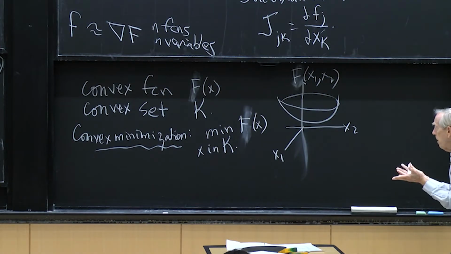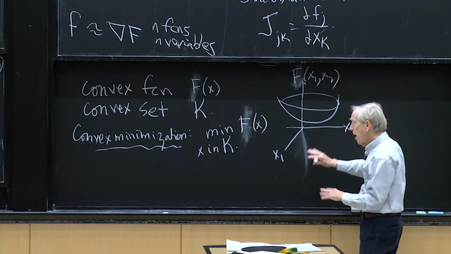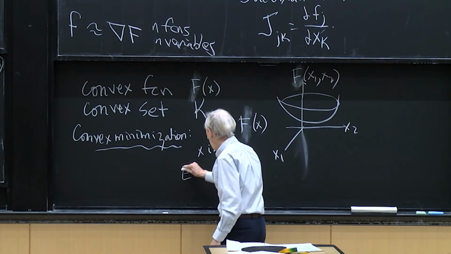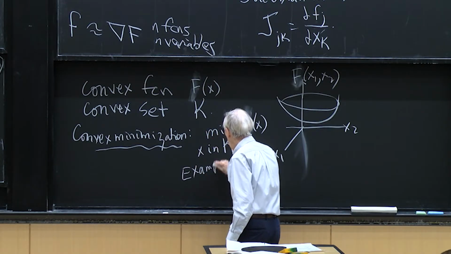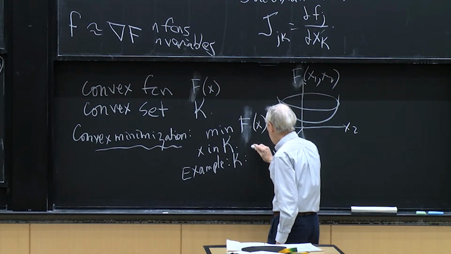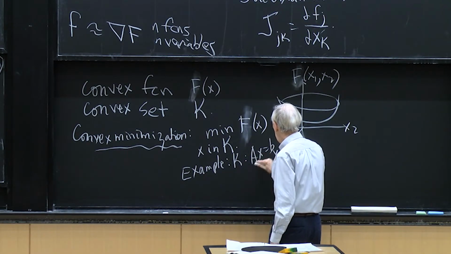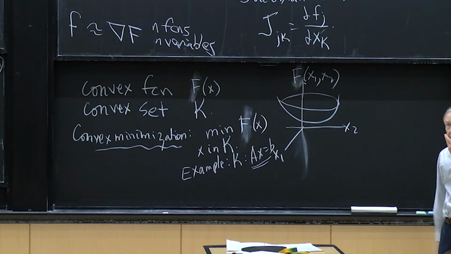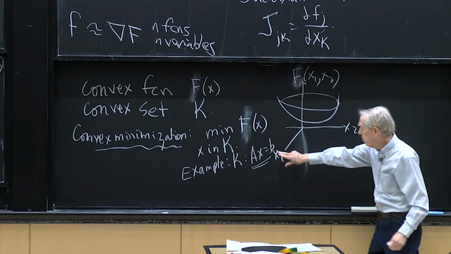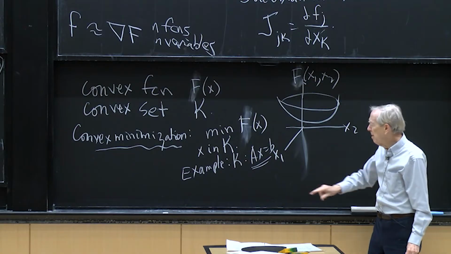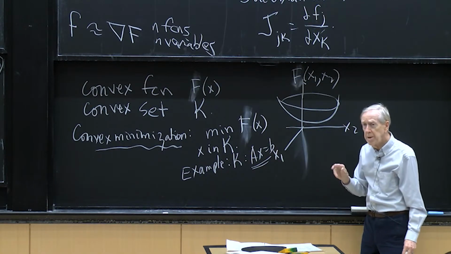Now I'm minimizing over certain x's, not all x's. I might be minimizing, for example, over K being the set where Ax equals b. K might be, in that case, a subspace, or a shifted subspace. When I said subspace, 1806 reminds me that I only have a subspace when b is 0.